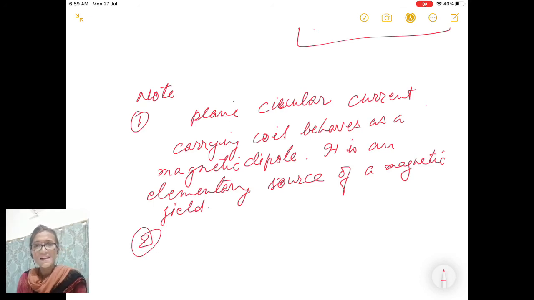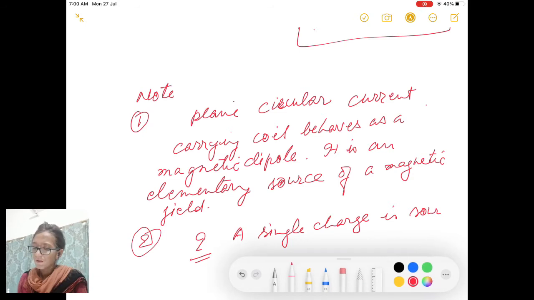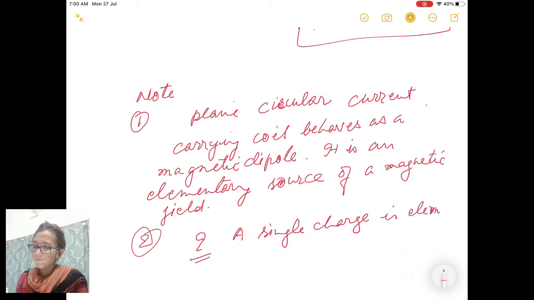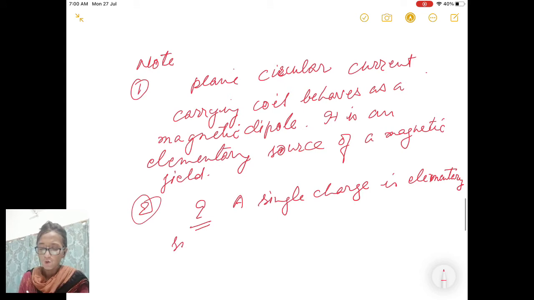In electrostatics, you saw that a single charge is the elementary source of electric field. Elementary means basic. It is the basic source of electric field.